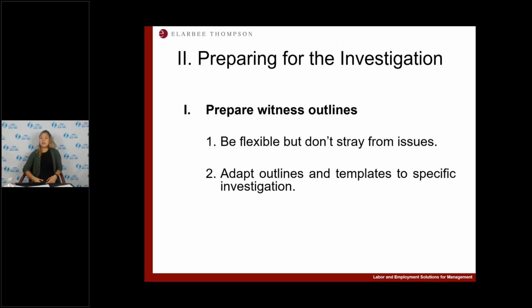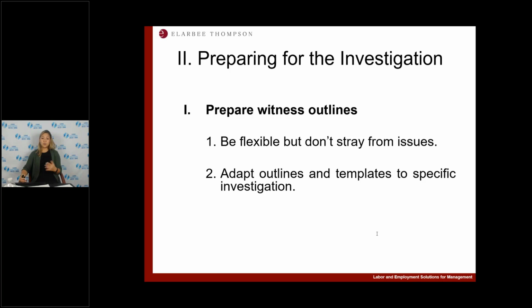All right, so you've looked at all the documents, you have considered the order of your interviews, and before you go into an interview, you now want to prepare outlines. I found that outlines help you stay on task. They make sure that you don't forget to ask specific questions.